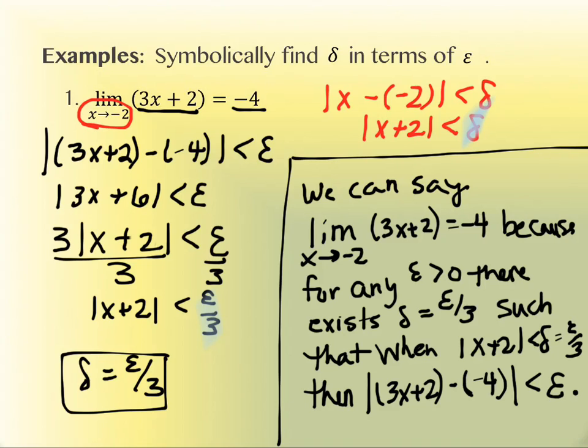So this is saying that when my x value is within epsilon over 3 of the number negative 2, when these values are close enough together that they're epsilon over 3 apart, then that forces the y value to be within epsilon of the number negative 4.